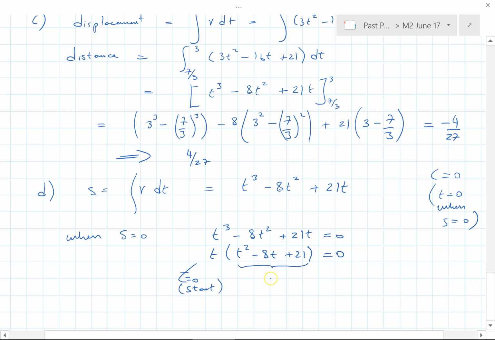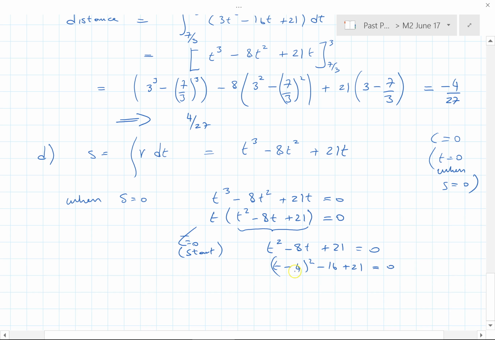You can use a discriminant if you want. That's the thing that's often in the mark scheme. I'm going to complete the square because I like doing things in a nicer way. That's (t minus 4) squared minus 16 plus 21 equals 0. So (t minus 4) squared plus 5 equals 0, which doesn't solve.